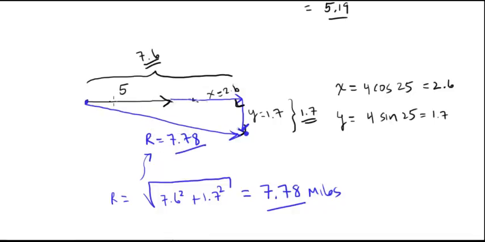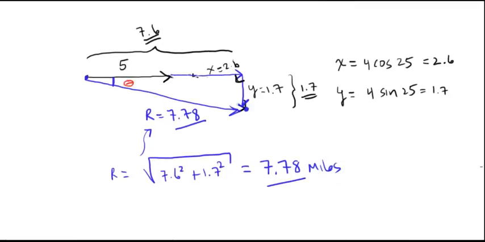But we're not done, right? Because we've got to give this angle theta. We've got to figure out what the angle is. Again, if it's a vector, you need to know the angle. So once again, we're going to use our SOHCAHTOA, and I'm going to use tangent again. The tangent of theta is opposite over adjacent. Remember SOHCAHTOA, I'm using tangent, T-O-A. So here's the angle. The opposite is 1.7 over the adjacent, which was 7.6.